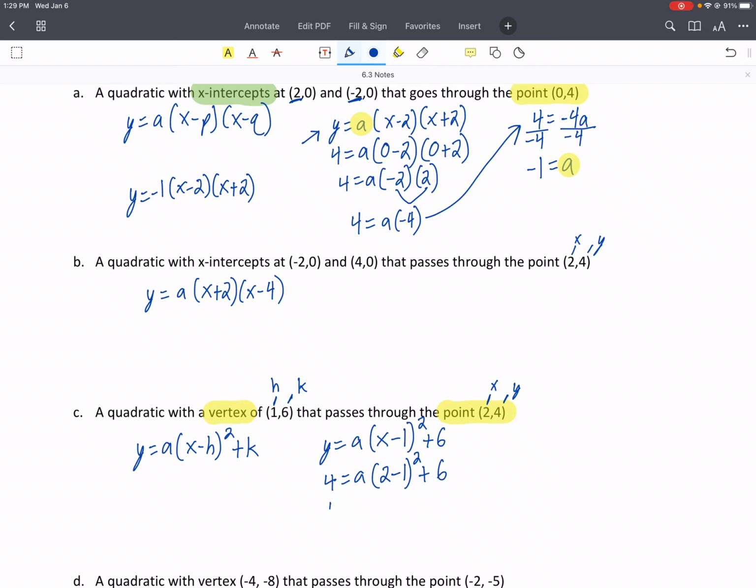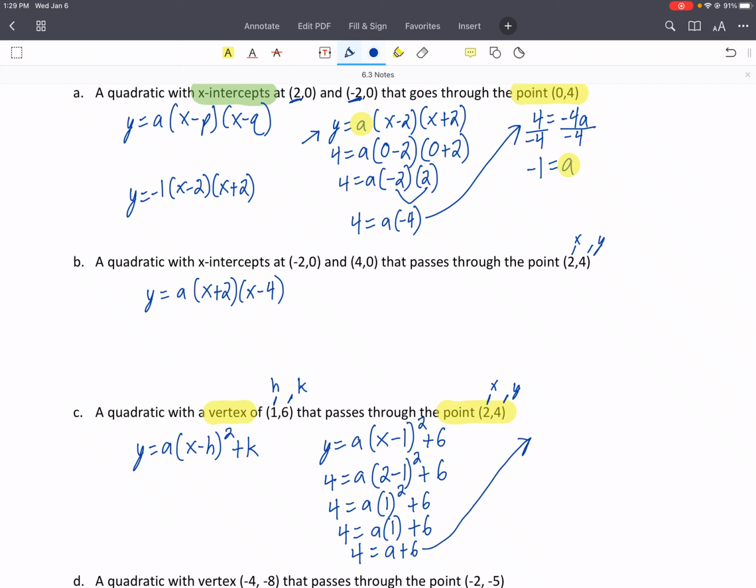To simplify this, 2 minus 1 is 1 squared plus 6. 1 squared is 1, so we'd have 4 is equal to a times 1 plus 6. Anything times itself is just itself, so we'd have 4 is equal to a plus 6.